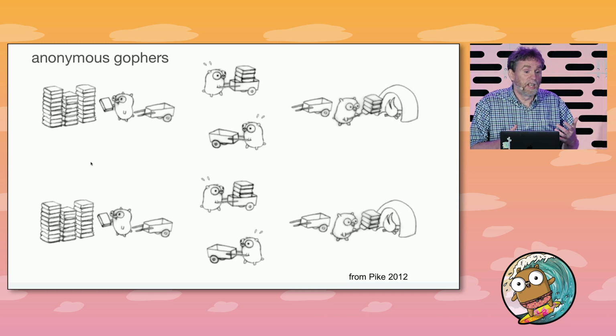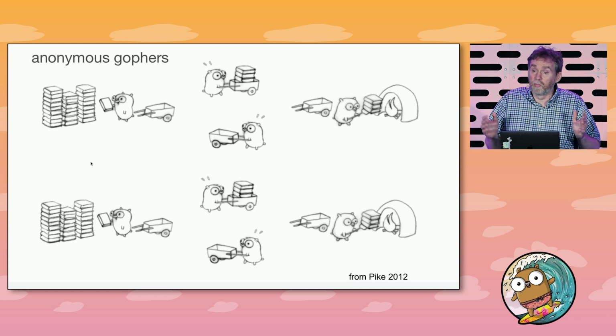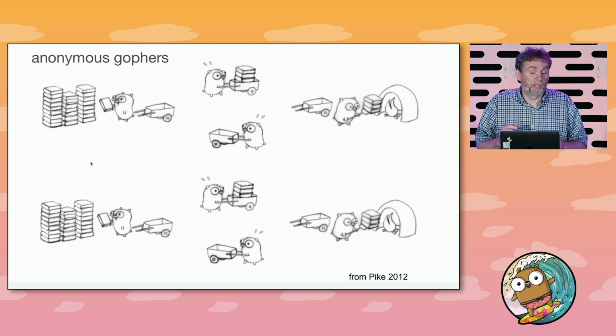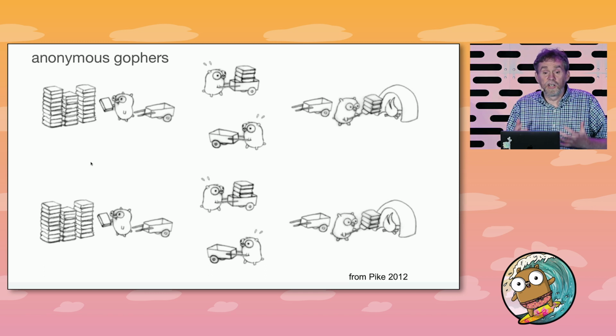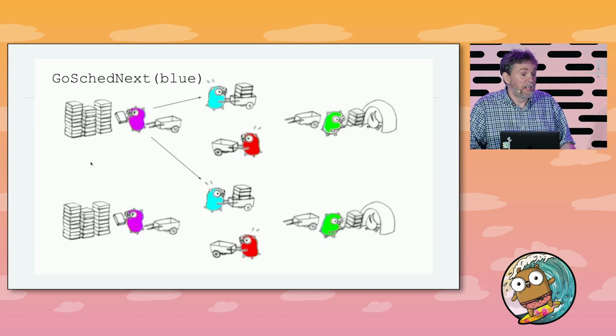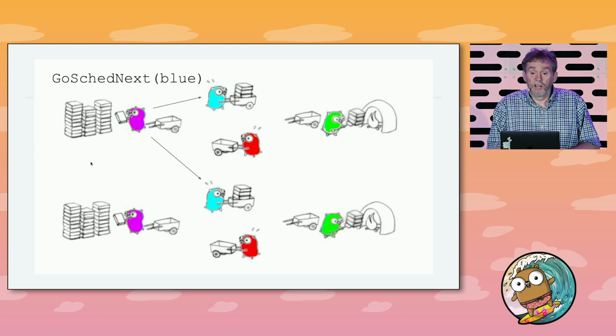Your Go routine is a gopher with a job. One Go routine does the job of putting the books in the cart. A different Go routine has the job of dumping books into the incinerator. So in effect, our Go routines already have colors. They have types. Different Go routines have different jobs.